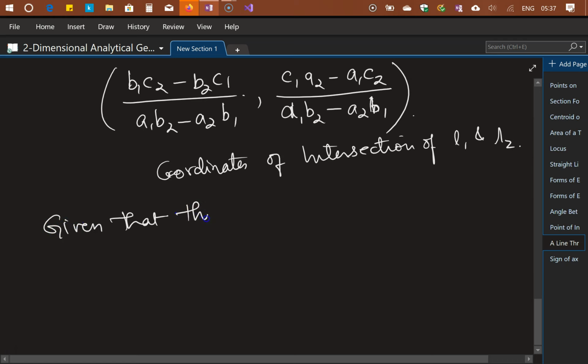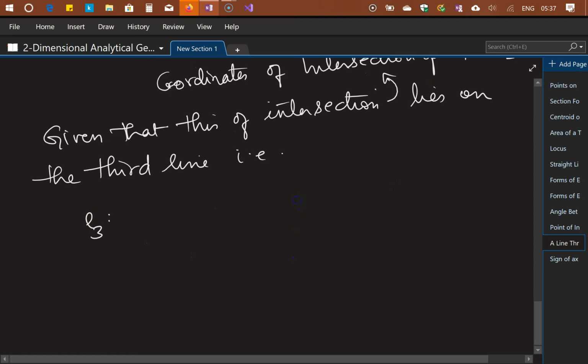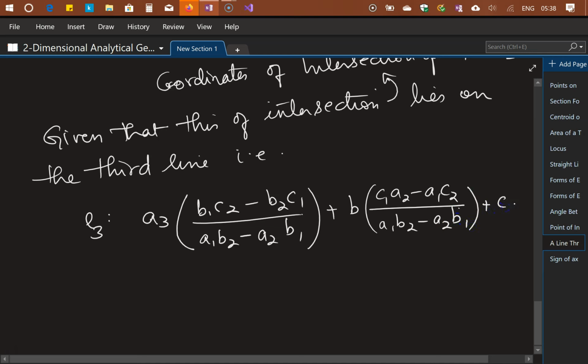Given that this point of intersection lies on the third line, L3 can be written, as we have seen before, as A3 times (B1 C2 minus B2 C1) by (A1 B2 minus A2 B1) plus B3 times (C1 A2 minus A1 C2) by (A1 B2 minus A2 B1) plus C3 is equal to 0.